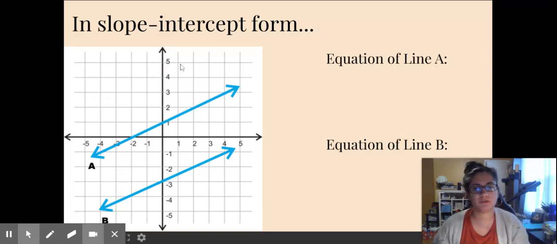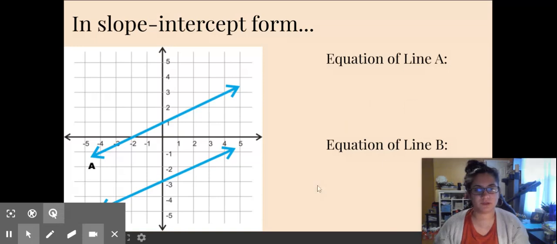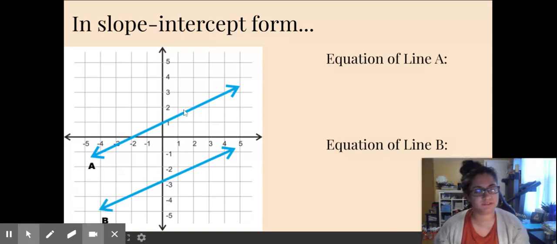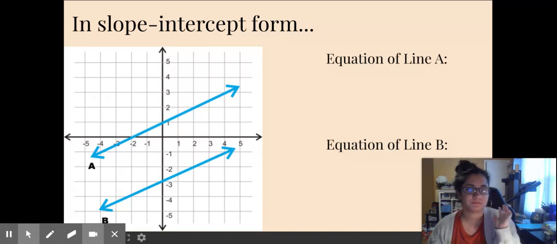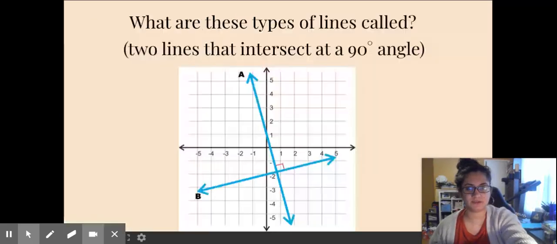You will notice that those two equations, because they are parallel lines, just like we talked about a while back, will have the same slope. They run at the same steepness, so that they will never intersect.